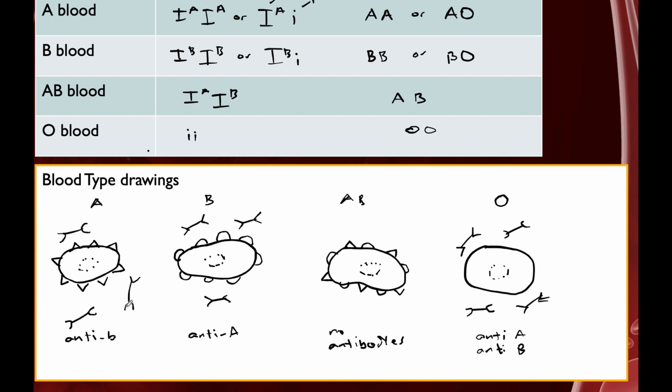So if I have anti-B antibodies and someone gives me a large quantity of B blood cells within my A body, what's going to happen are these little half circles on the end of these antibodies right here are going to start connecting with these little half circles on the surface of B red blood cells. And what's going to happen is they're going to lock them up and clump them up.